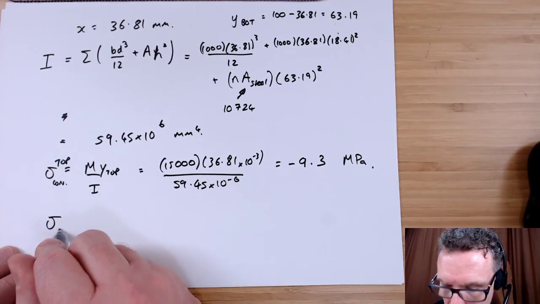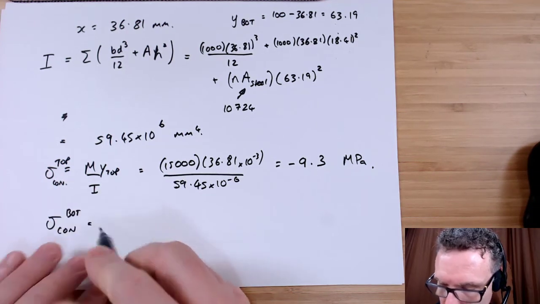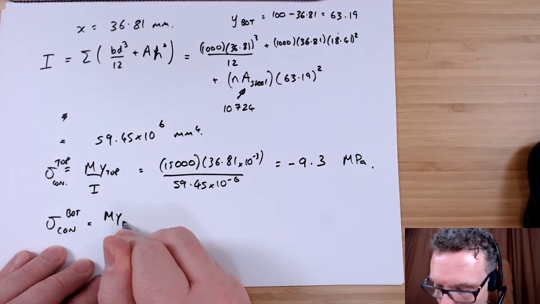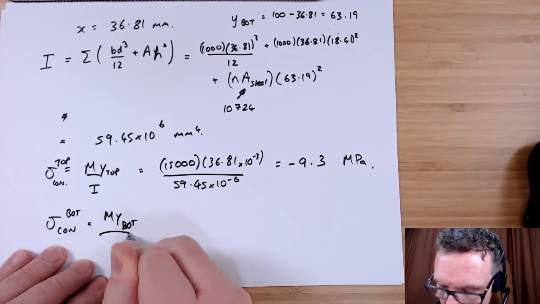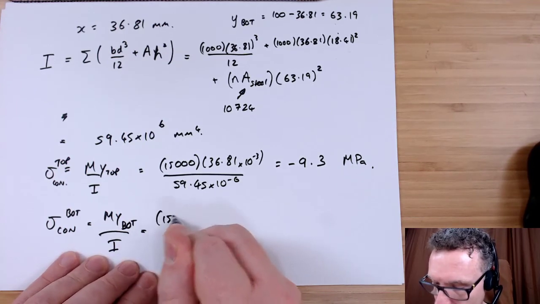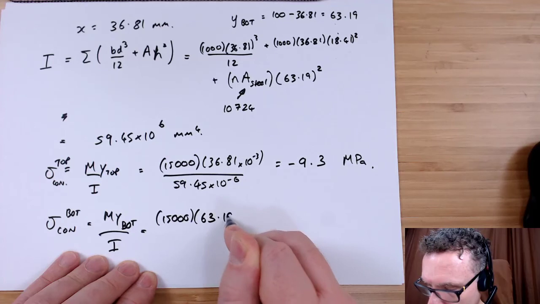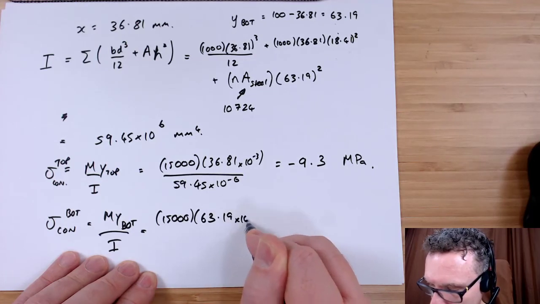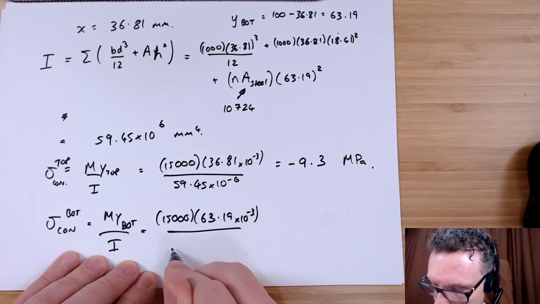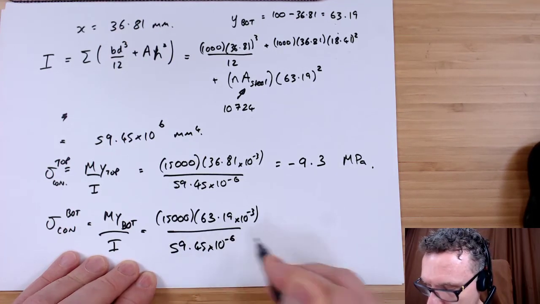So for the concrete at the bottom, we're going to have m y bot divided by I. Same sort of thing, 15,000, 63.19 times 10 to the minus 3, all over 59.45 times 10 to the minus 6.